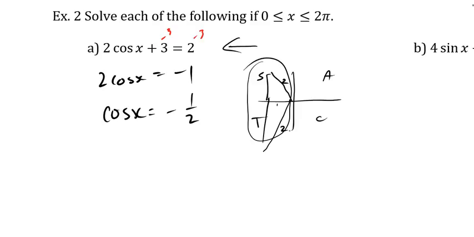It's not a very good drawing, sorry. So you might think about, it's funny, like we do this in Unit 6, we talk about the related angle. So it'd be pi by 3. But we kind of don't do it as much, I guess, in this stuff. So it's going to be 2 pi by 3 and 4 pi by 3. So this one here is 2 pi by 3, and this one's 4 pi by 3.